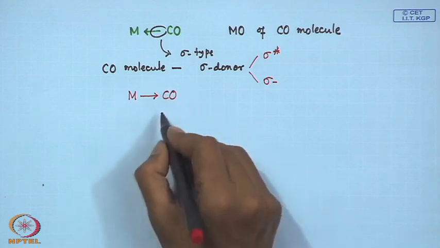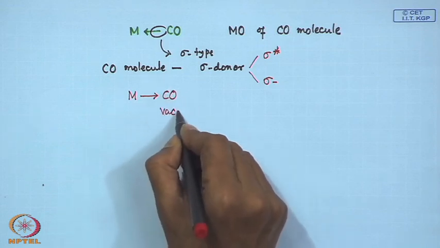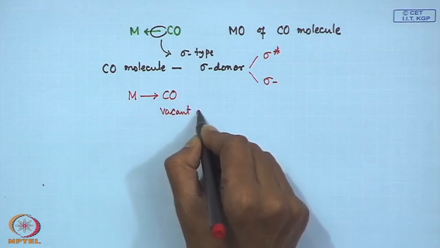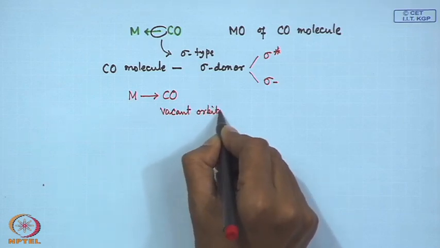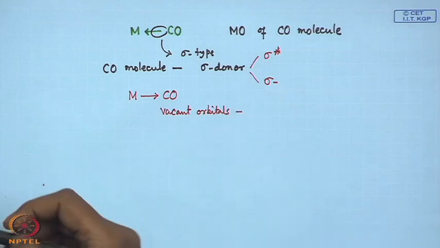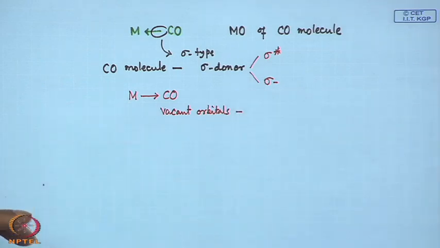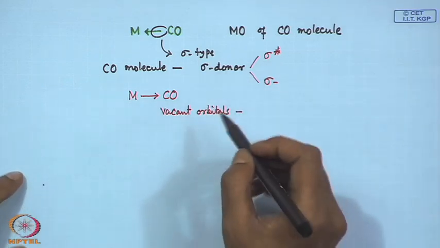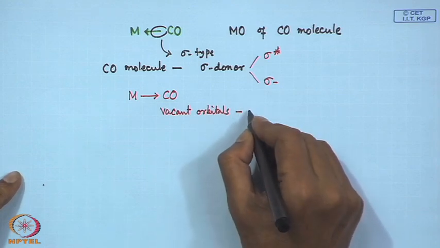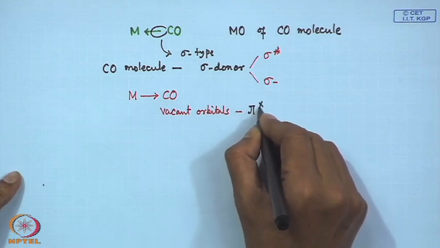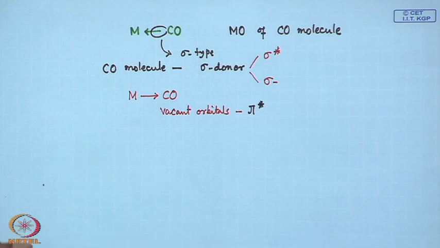When we consider the pi interaction, it is in the opposite direction. So, we have some vacant orbitals, and we know what those vacant orbitals are which can be utilized as a good acceptor orbital: our pi* orbital.